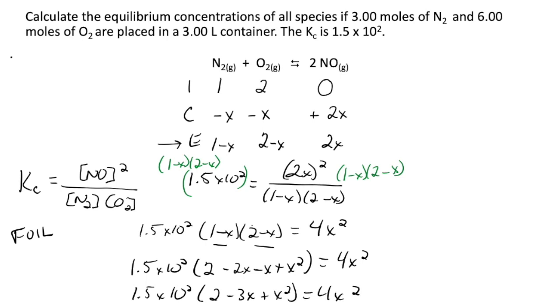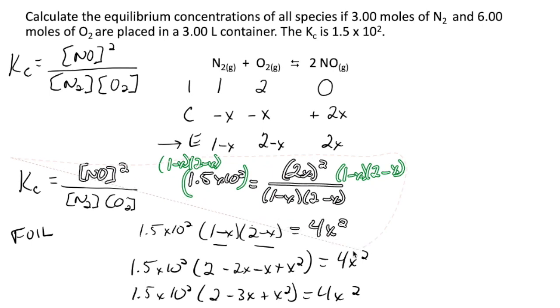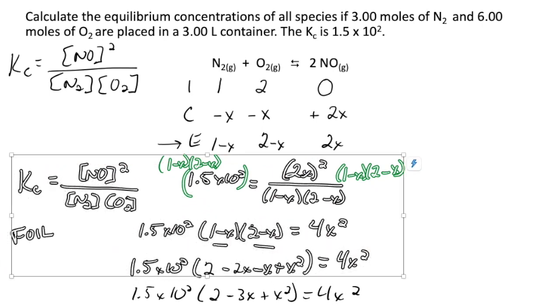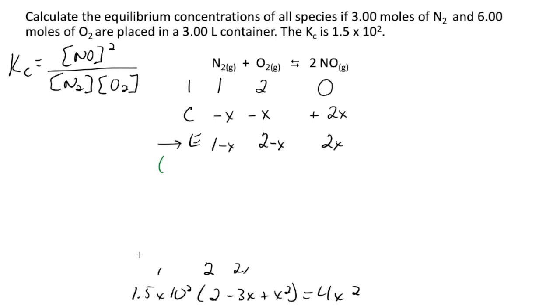So to get more room, I am going to rewrite our equation here because we will definitely need that, and then clear as much of this as I can and rewrite this at the top.